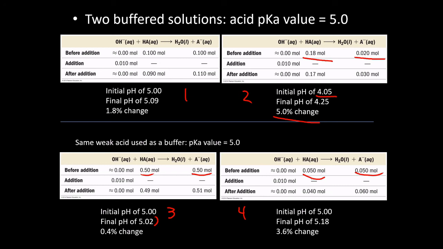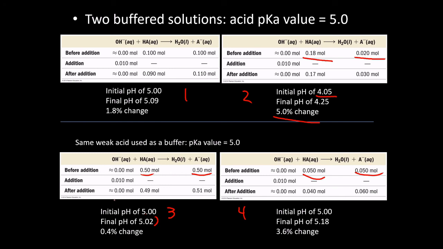Whereas this one, that had 1/10 the capacity, again, it still didn't change dramatically, but it changed a whole lot more than this one did. So we had a change from 5 to 5.18. So a 3.5% change versus a less than 0.5% change.